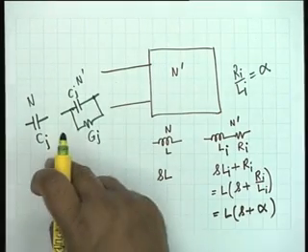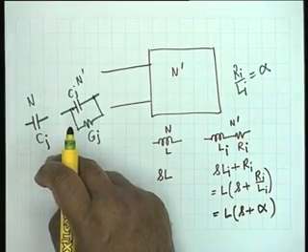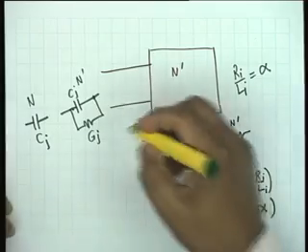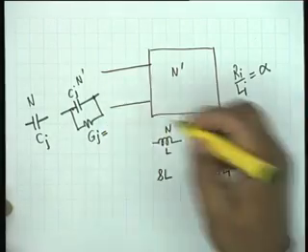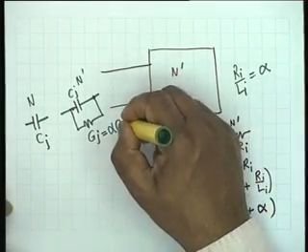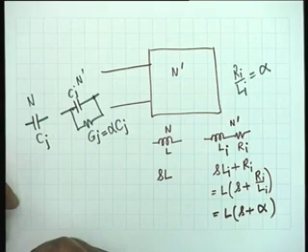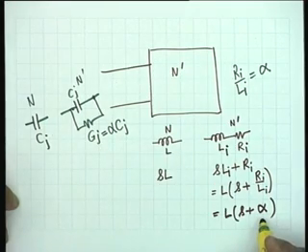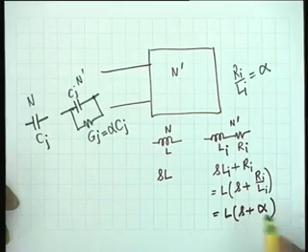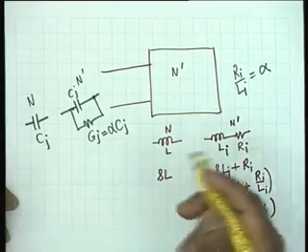Each capacitor in N has a loss introduced in such a manner that Gj is equal to alpha times Cj. Alright? This alpha and this alpha is the same. We can do that. We take a box of resistors and just go on adding resistors across each capacitor and in series with each inductor.